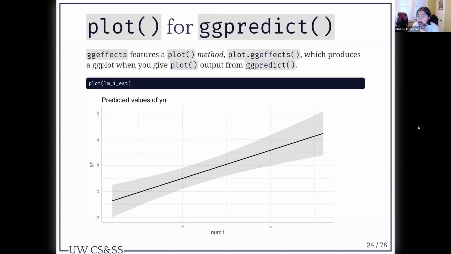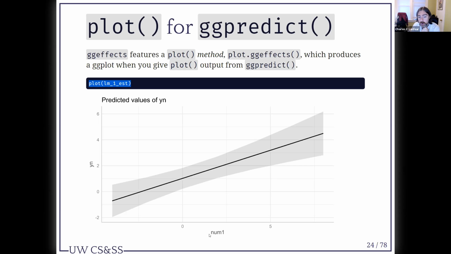Well, it turns out if you feed that data frame straight into the plot function, it will plot those results as a ggplot. So ggfx includes what is called a method for the plot function called plot.ggfx. If you send the output of a ggfx call to the plot function, it produces a full plot of the marginal effects.